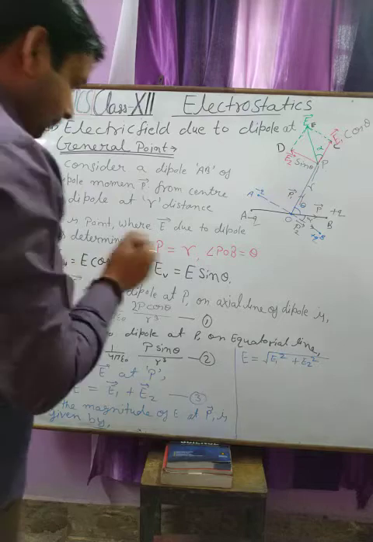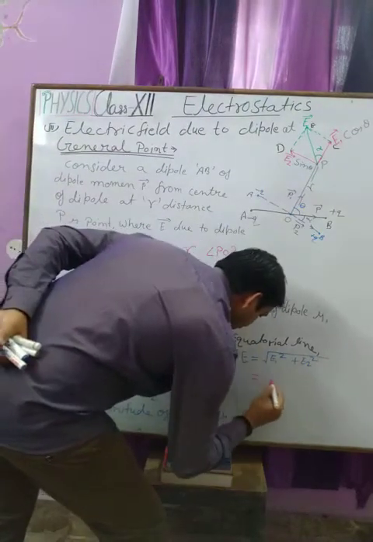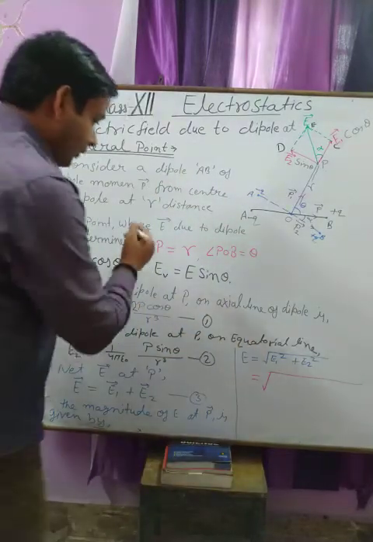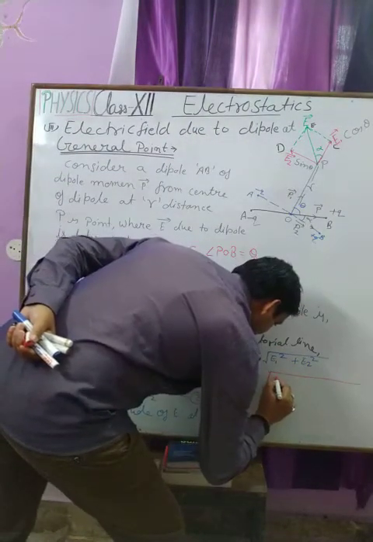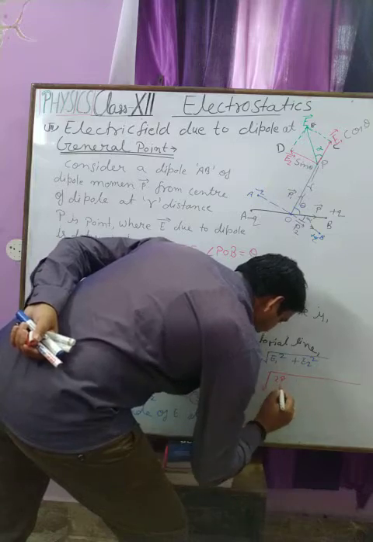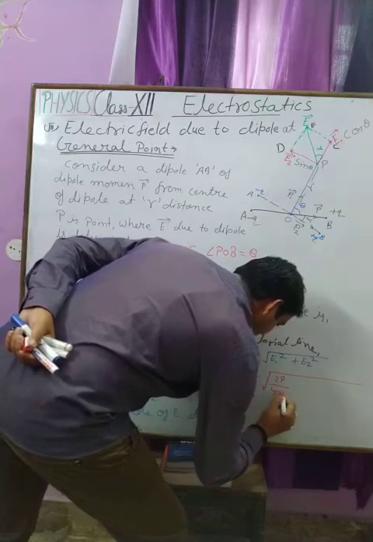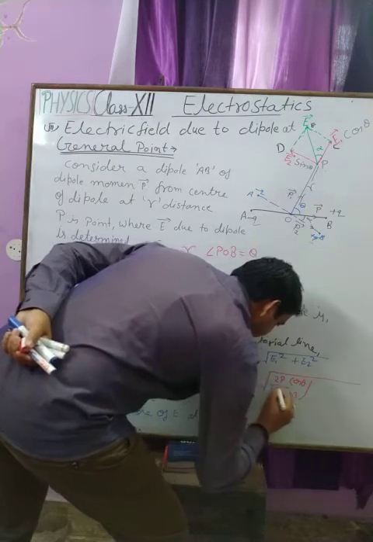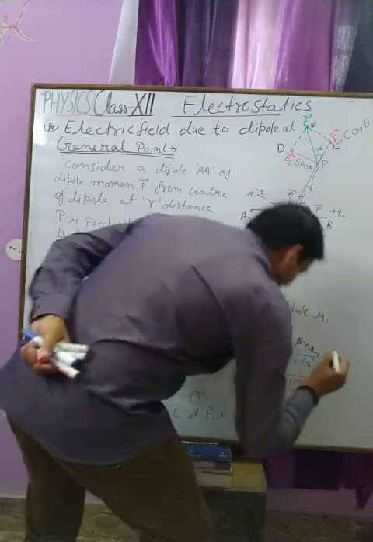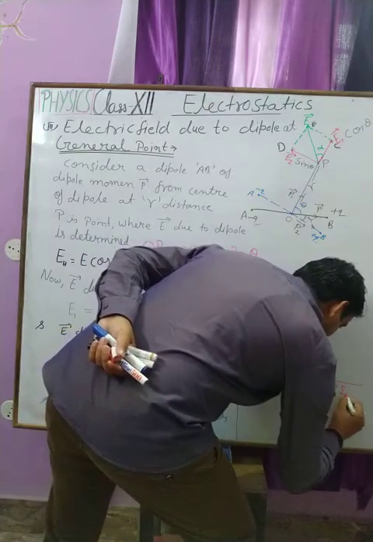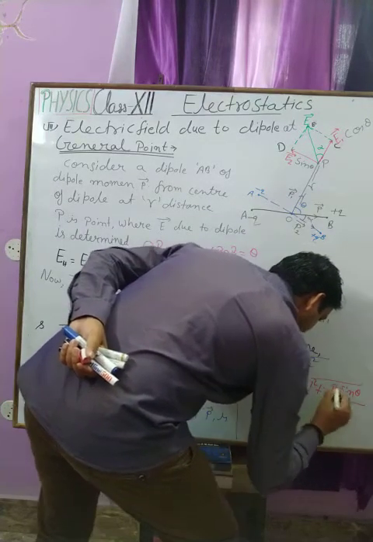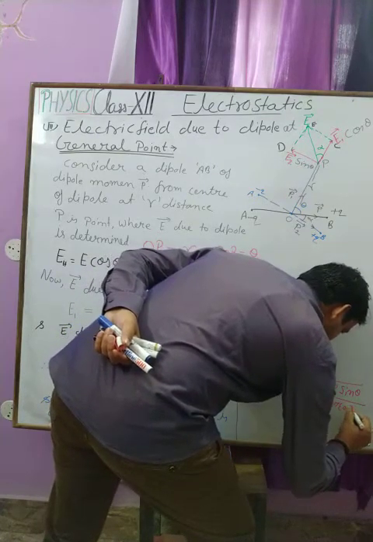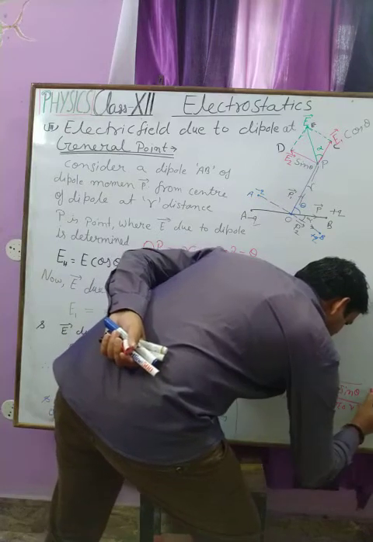Therefore, by using these values from equation first and second, we are getting E equal to under root of 2p cos theta upon 4 pi epsilon naught r cube, whole square, plus p sin theta upon 4 pi epsilon naught r cube, whole square.